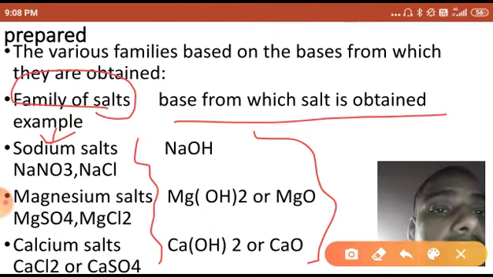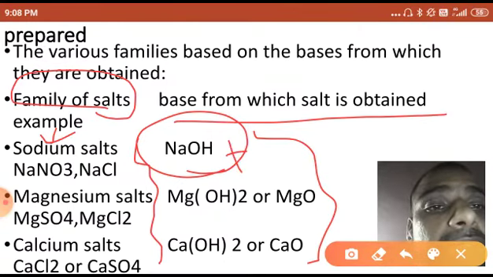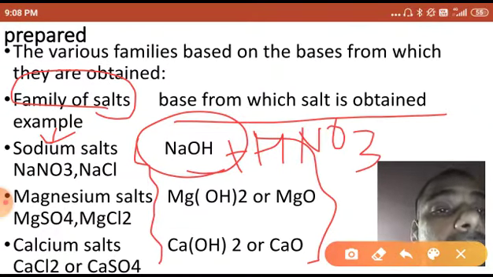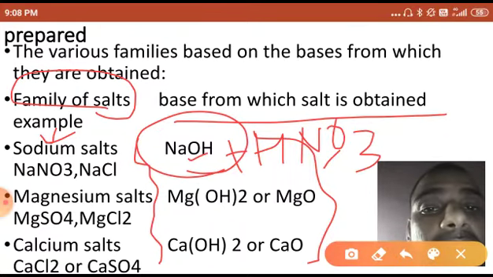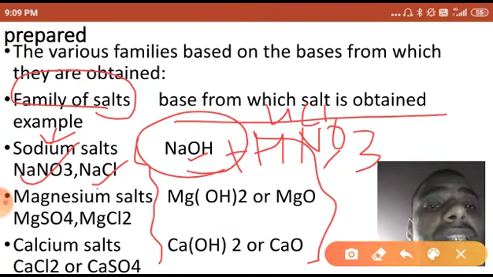Dear student, here first of all I have taken NaOH, which is a base. If I react it with HNO3, you know, for a salt it is essential that one base and one acid are there. What will it form? It will form NaNO3. How will NaCl form? If it reacts with HCl, it will form NaCl. Dear students, you should know this.